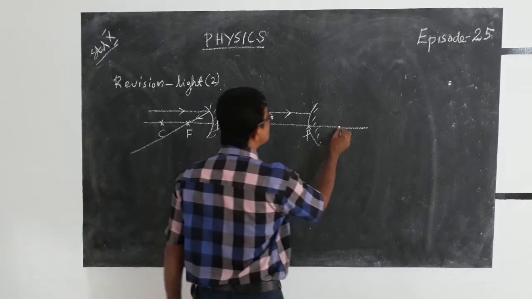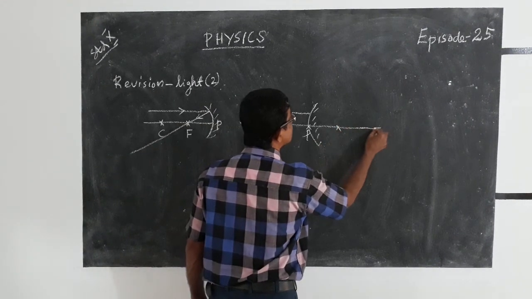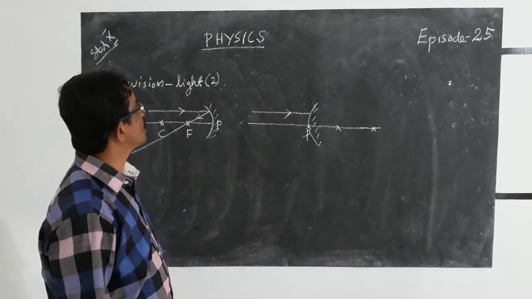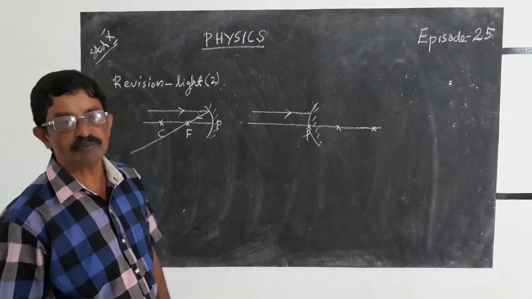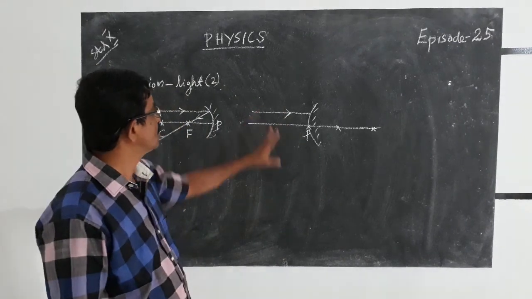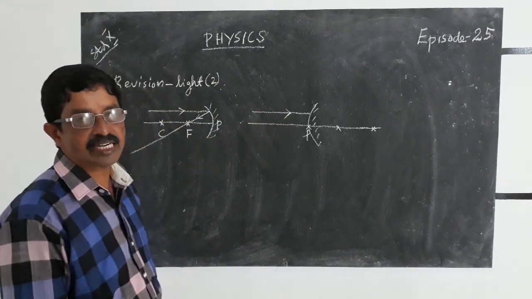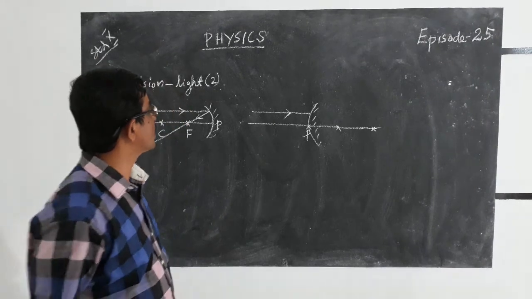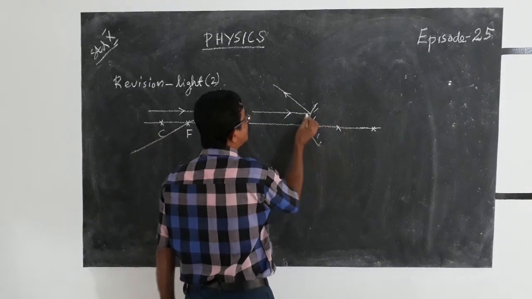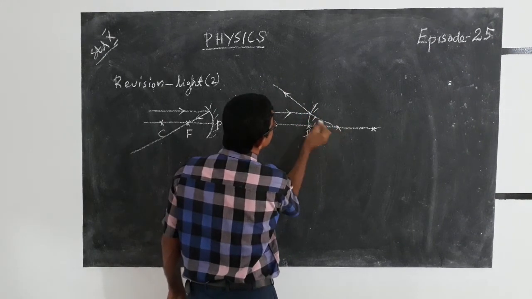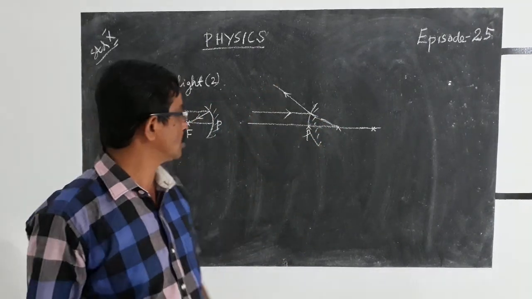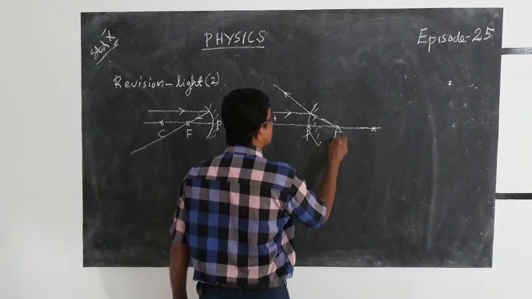Here you see its focus is here, and the center of curvature is at this point. What actually happens to this light ray parallel to the principal axis? When this ray is reflected like this, it goes this way. But when we extend it, the ray appears to be coming from the focus of the mirror.